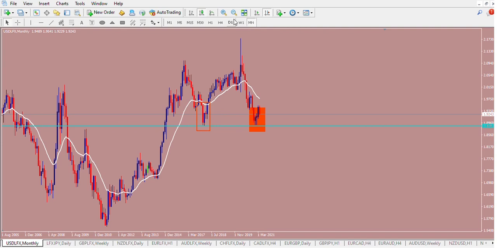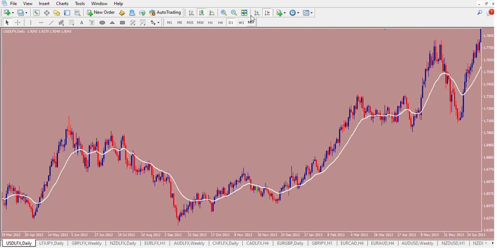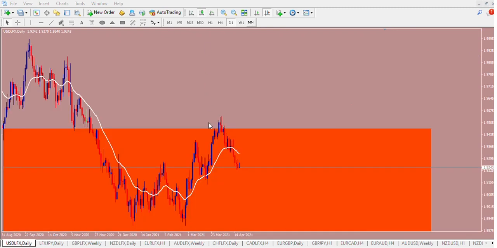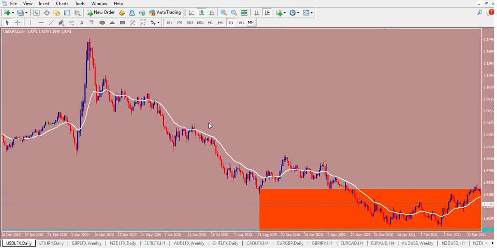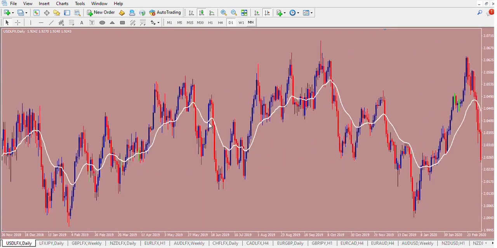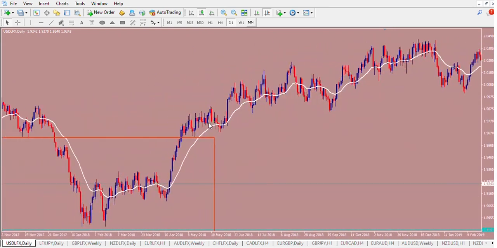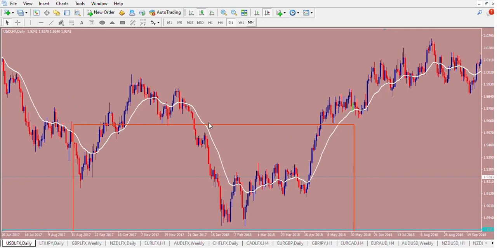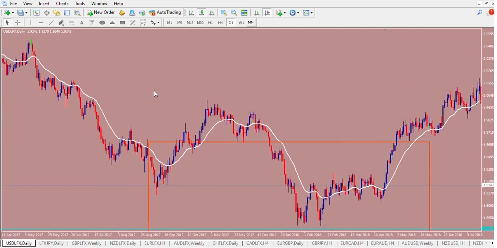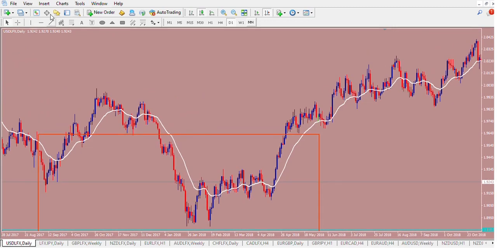Now let's go with the daily. Remember, we want to check at the close of the daily time frame. The price breaks through daily market structure.